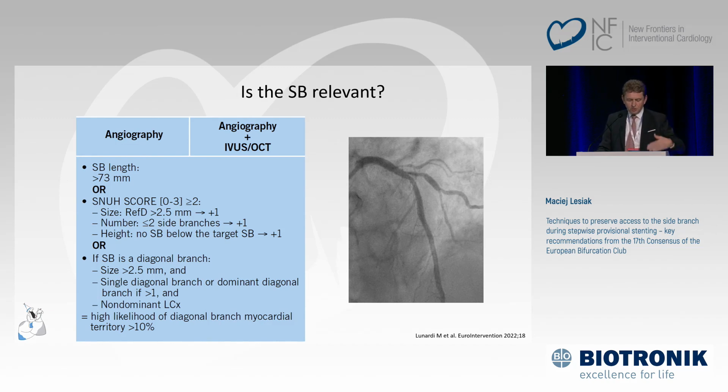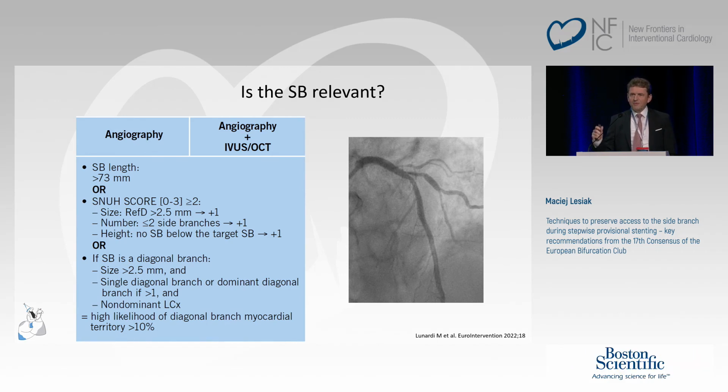We have the SNU score, with the reference diameter and number of side branches. The general rule is the fewer the side branches, the higher the importance of the side branch. So if you have only one diagonal or one obtuse marginal, in the vast majority of cases it will supply more than 10% of myocardium.